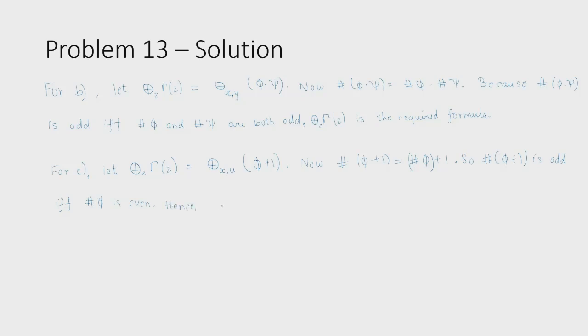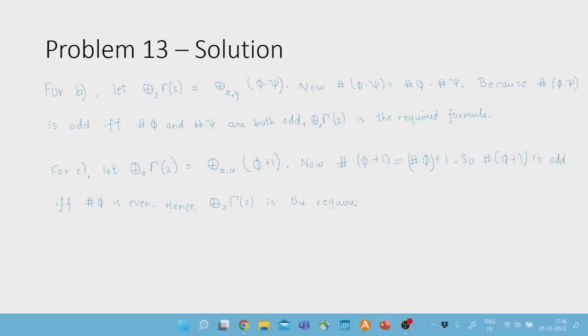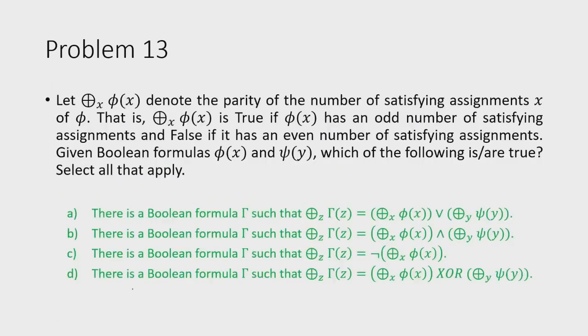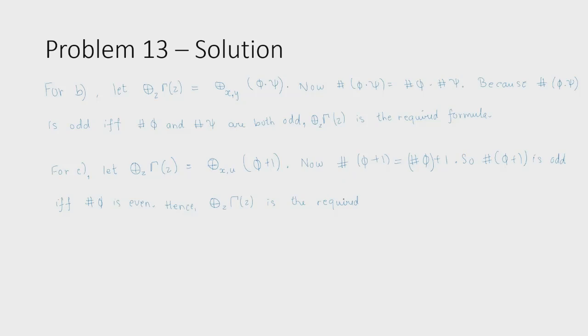Hence, parity_z gamma(z) is the required formula. Okay, now let's look at option A.